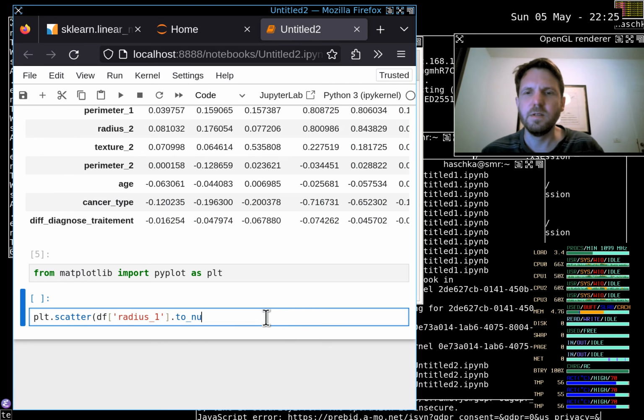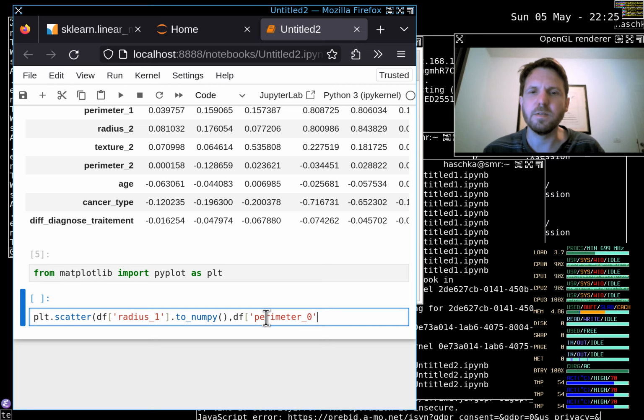In order not to get into issues, it's always a good idea to convert this to NumPy arrays. It's not forcibly necessary, but it helps you to have the right shapes, to reshape things and things like this. So radius 1, perimeter 0.